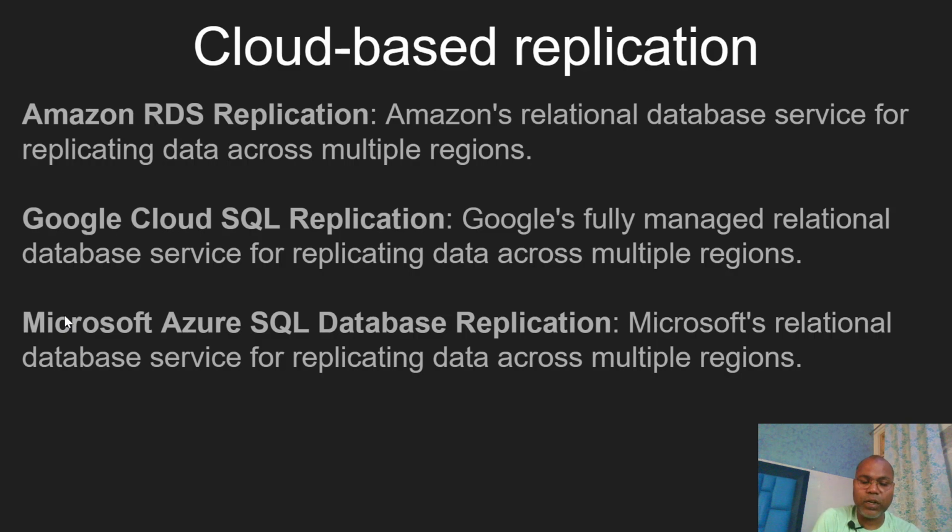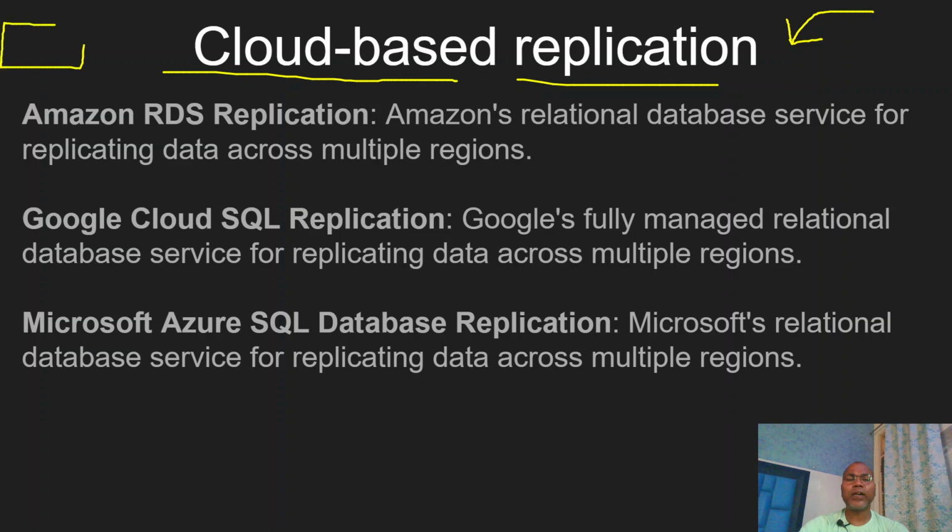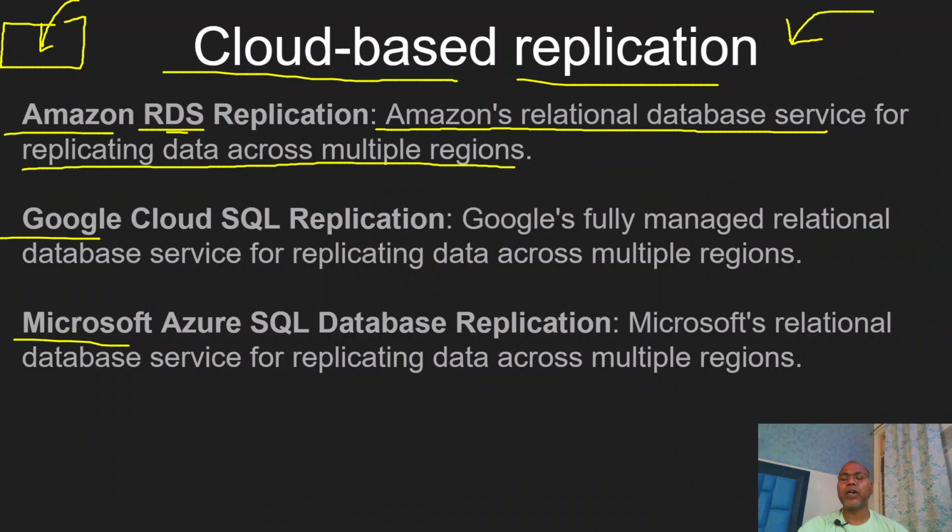Even if you are using cloud-based databases, all the cloud providers also provide the facility to configure replication, meaning you ensure that whatever data you receive, you keep 3 copies of data, placed in 3 regions. You can talk about Amazon, Google, Microsoft, all the big cloud providers. RDS is Amazon's relational database service for replicating data across multiple regions.